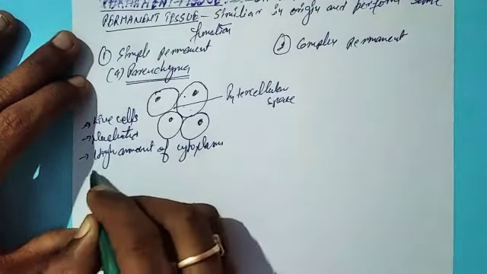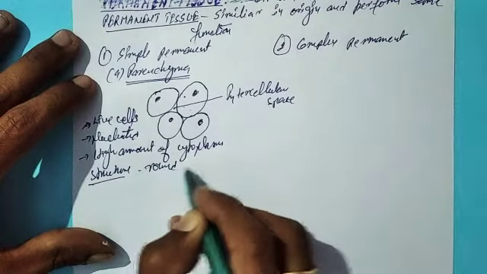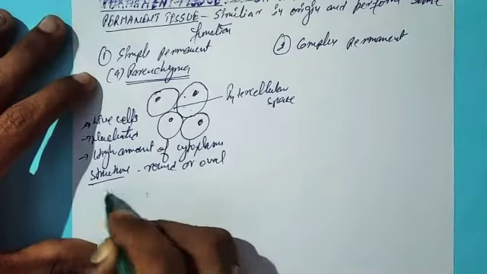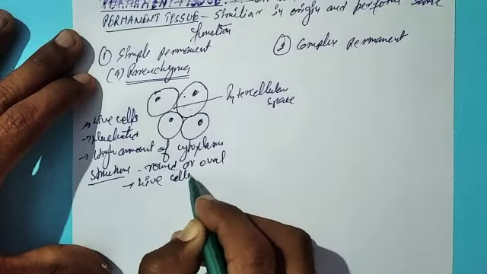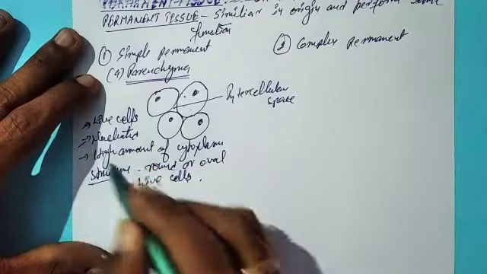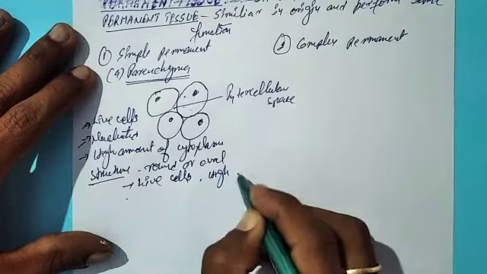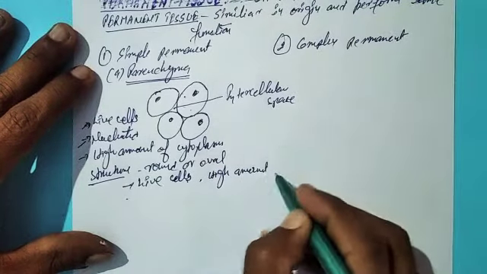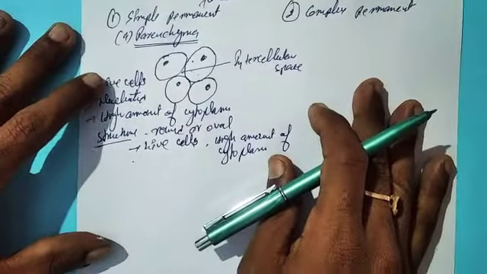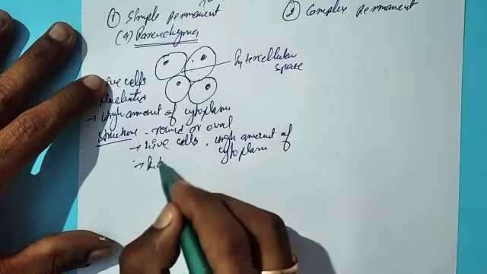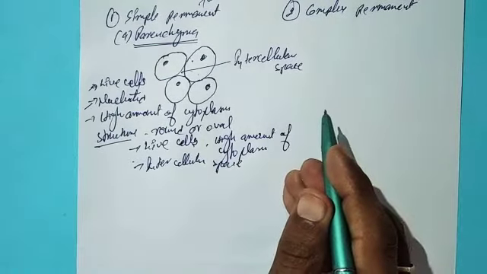So the structure, if we write it: round or oval shape, live cell, nucleated, high amount of cytoplasm, and intercellular space found among the cells.